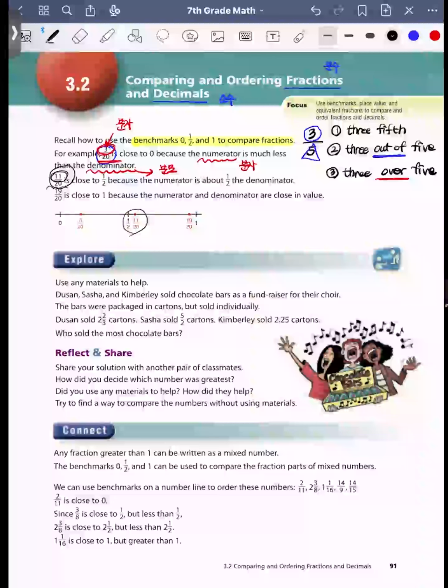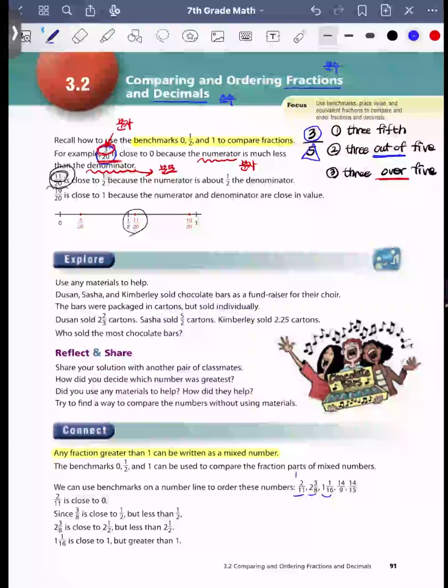Let's try this one right here. Any fraction greater than 1 can be written as a mixed number. For example, we can use benchmarks on a number line to order the numbers such as 2/11, 2 and 3/8, 1 and 1/16.